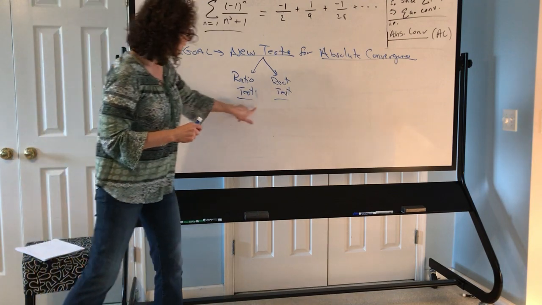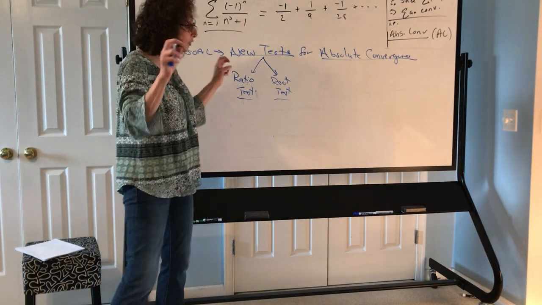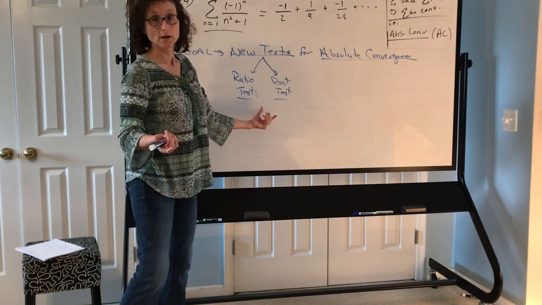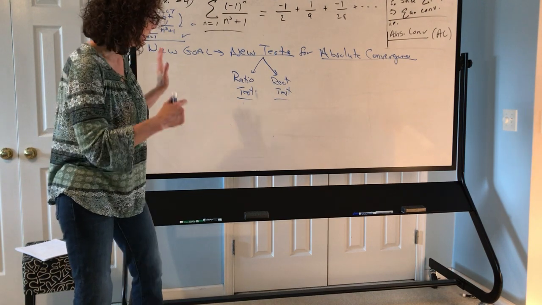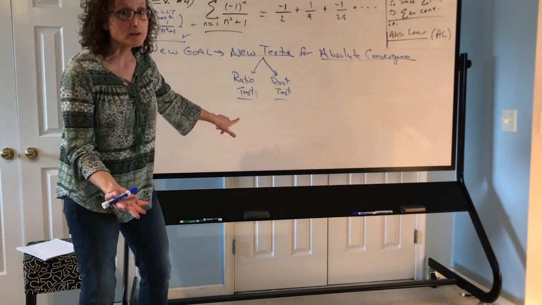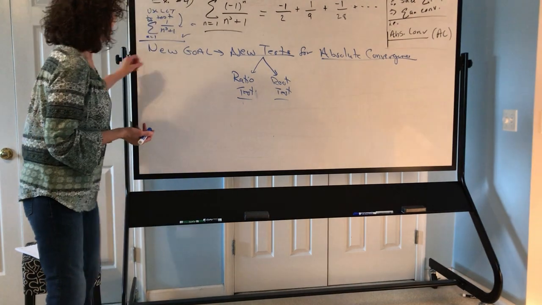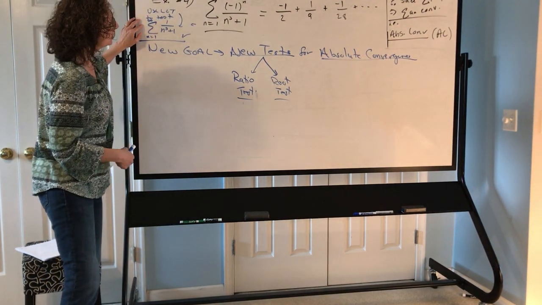If we had used either of these 2 tests, they would have been in their 3rd case, the inconclusive case, where you would have known nothing. One of the other things we're going to want to develop as we move through is when to use the ratio test and root test. They're not always the go-tos because they can fail, and then you would have to do something else, like use the limit comparison test. So we'll be looking for that too.